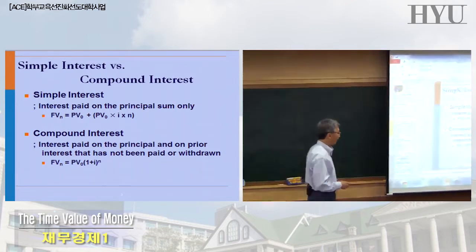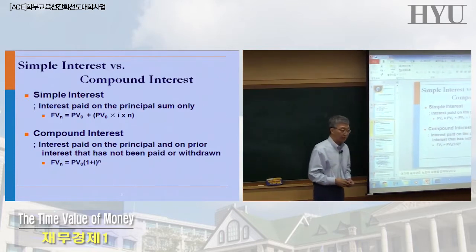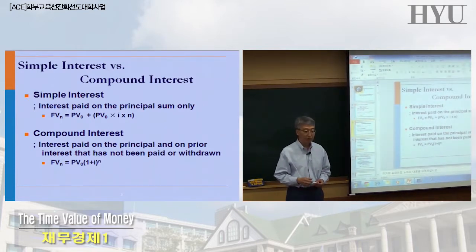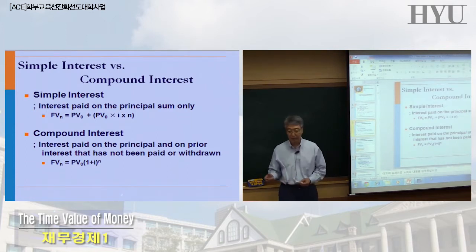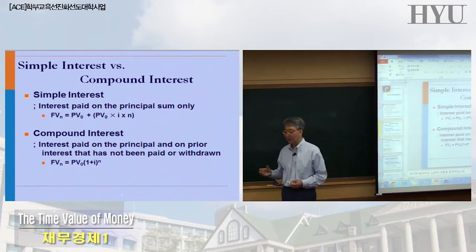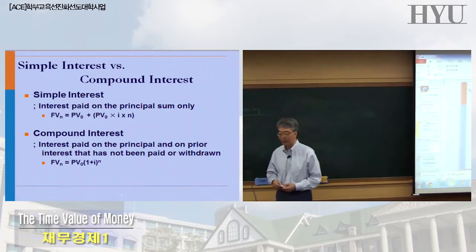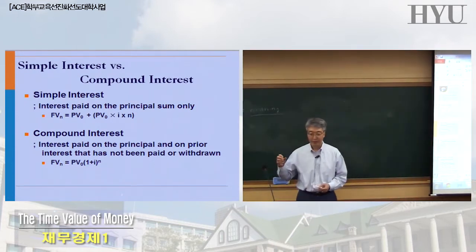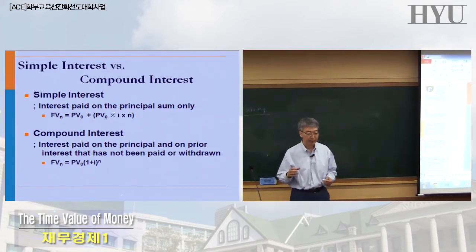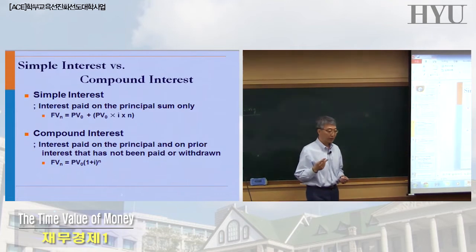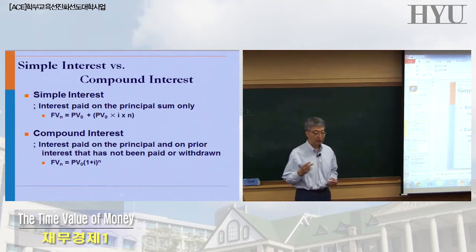But in case you just leave it alone, you don't withdraw the interest payment of $30 and let it capitalize, which in accounting terms is called capitalization, or you make the $30 be added to your principal, then in the second year your principal effectively becomes $1,030.